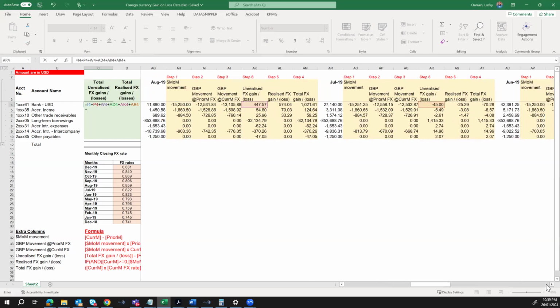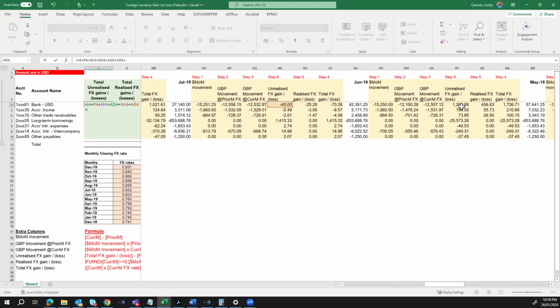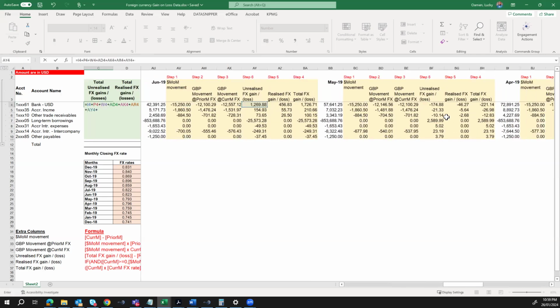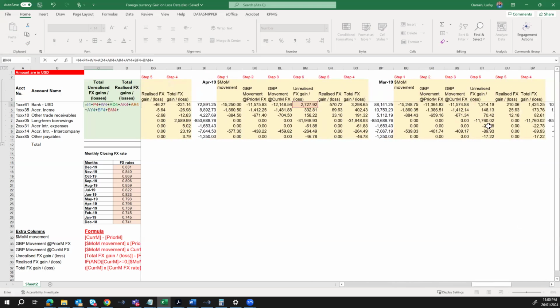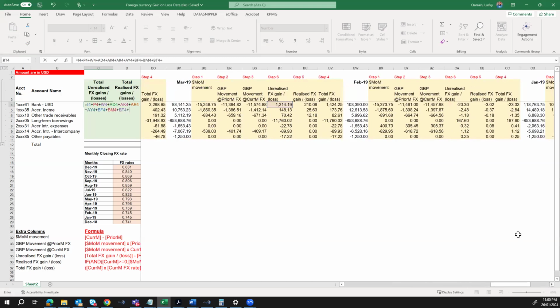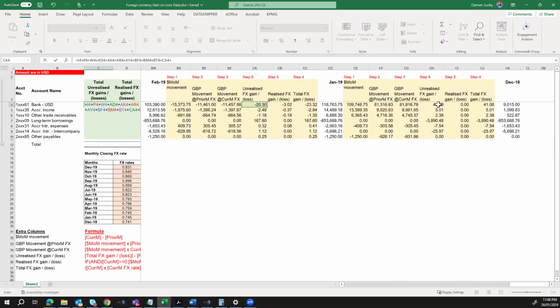Plus, plus, plus, plus in March, plus February, plus January. All right, so we had 12 months summed up under total unrealized FX gain or loss.